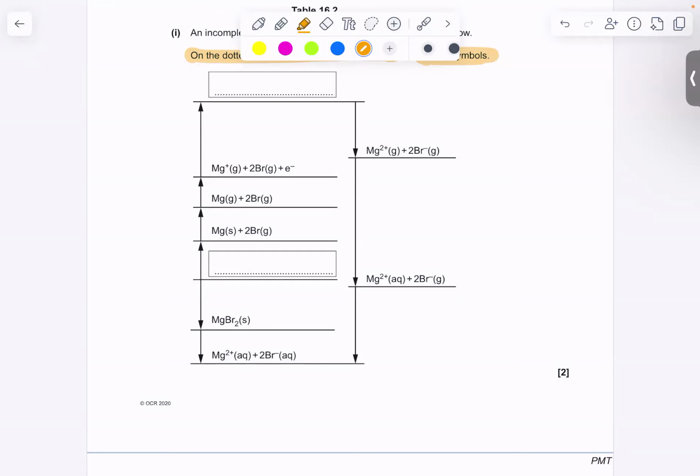Paper three is unified. And yours is Chemistry A, OCR A. Yes.